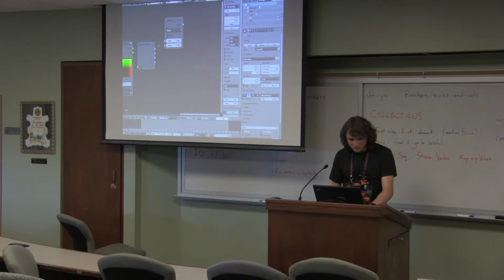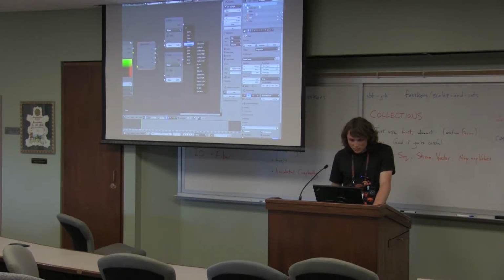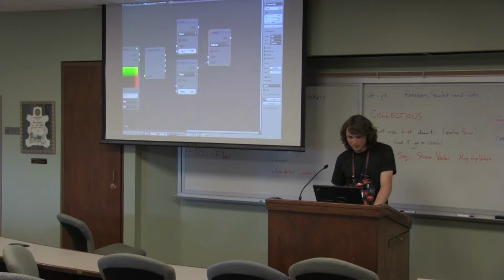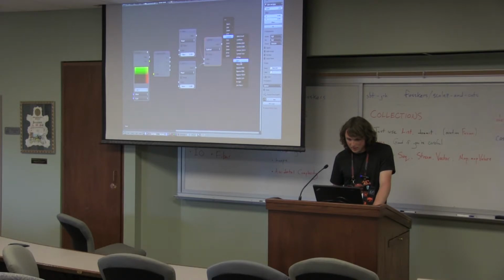Power of 2. Red, and then green, and then we subtract y squared from x squared. And then we add our original x value.